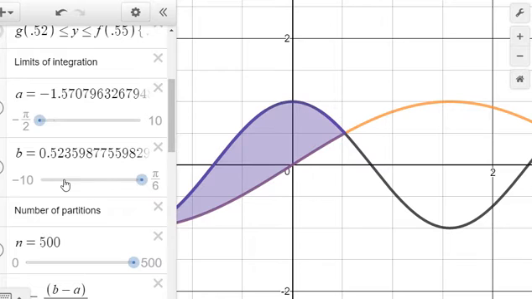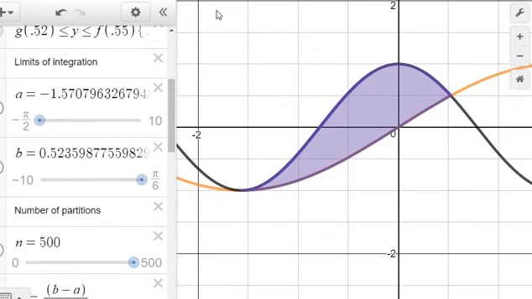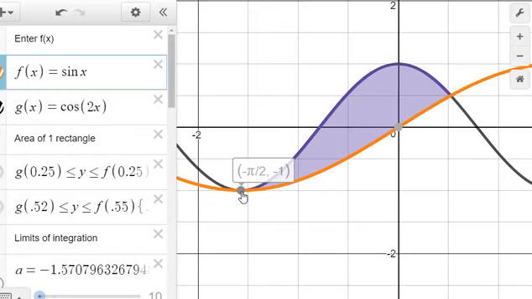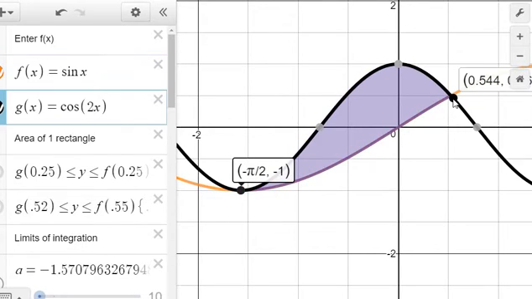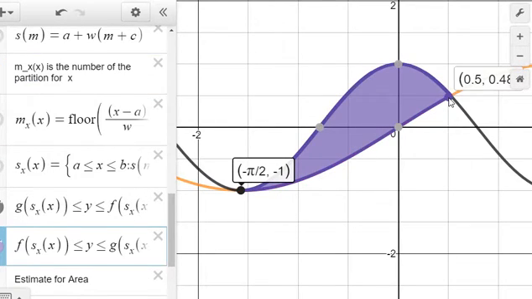Okay, so there's one, and there's the other. Minus pi over 2 and pi over 6. How come it's not giving me that one? It's not giving me the top one.